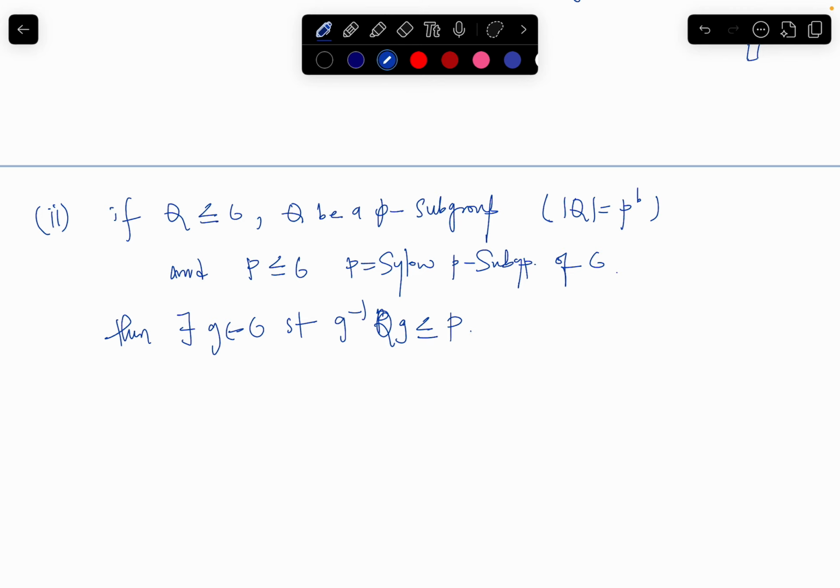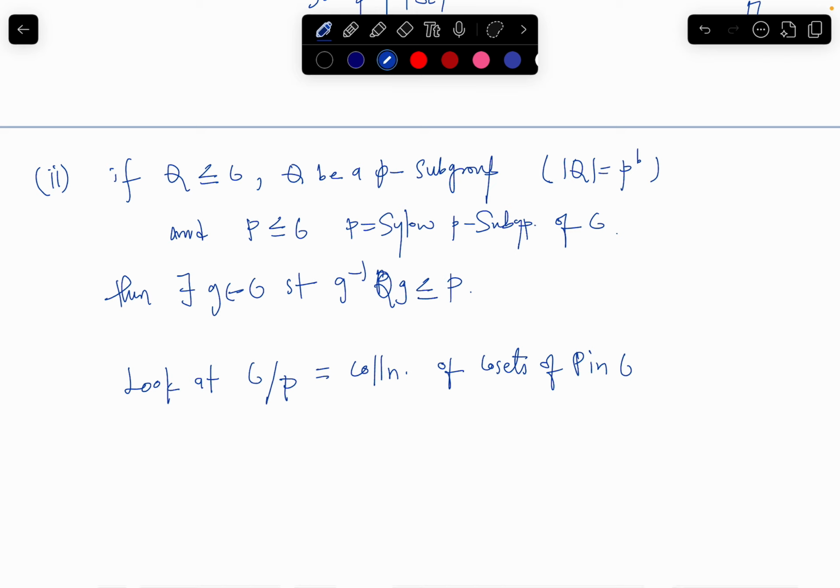So to show that, we look at the set of all cosets of G mod P. That means look at, so this need not be a group, it is the collection of cosets of P in G. Okay, so now Q is a subgroup of G. So what happens is that there is an action of Q on the collection of cosets.